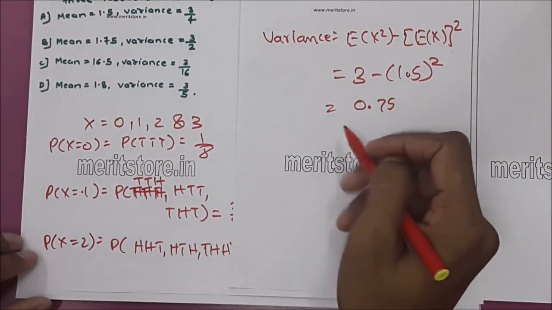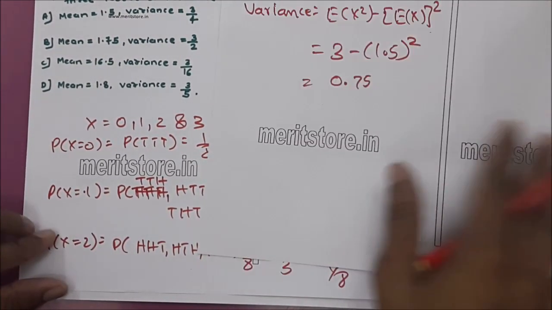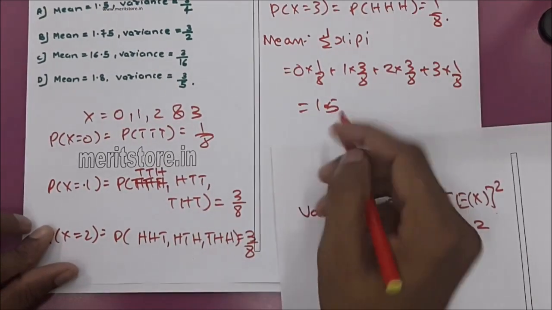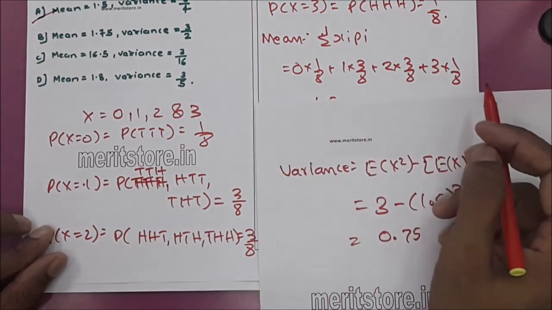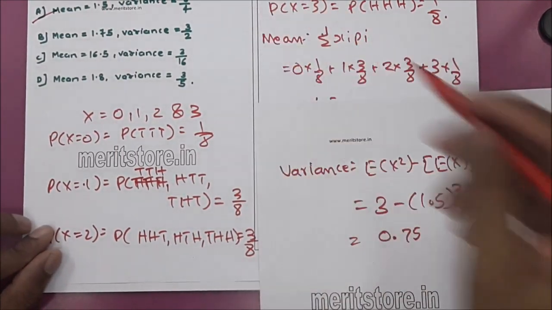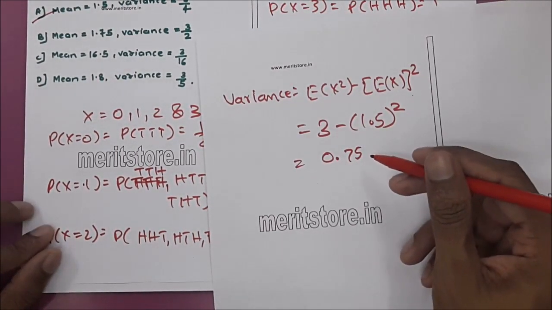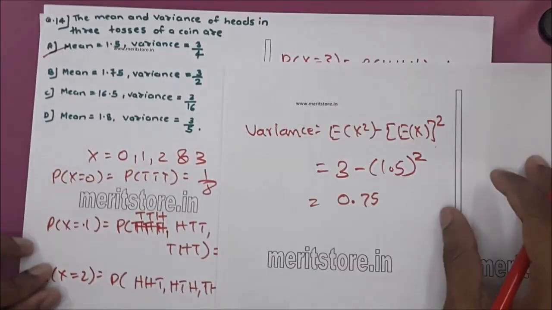Therefore we check the mean value which we got is 1.5, which is option A. So therefore variance also will be 3 by 4, that is when we divide 3 by 4 we get 0.75. So option A is the correct answer.